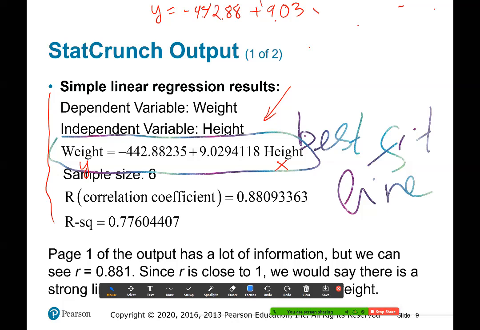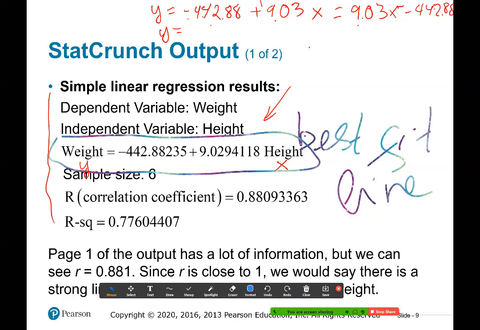So you can see that this is exactly like a linear equation in mathematics. If you rearrange it, it becomes 9.03x minus 442.88.